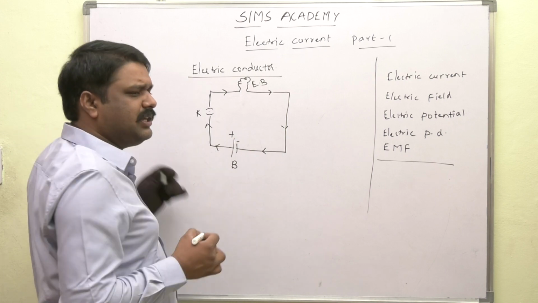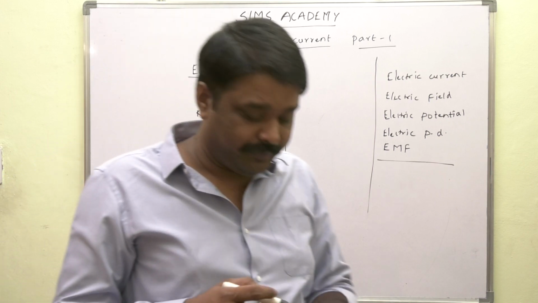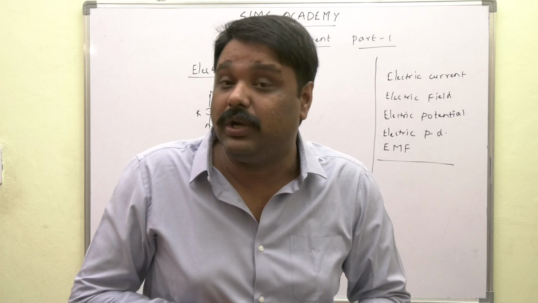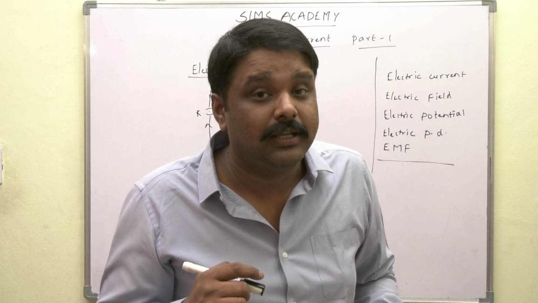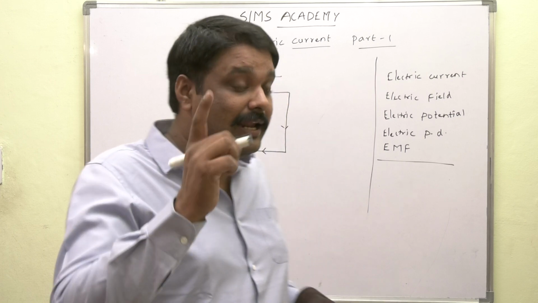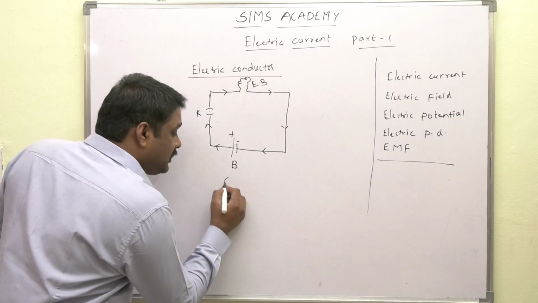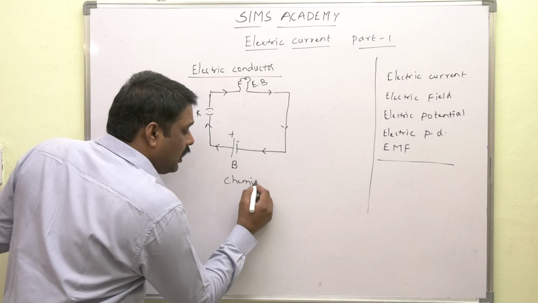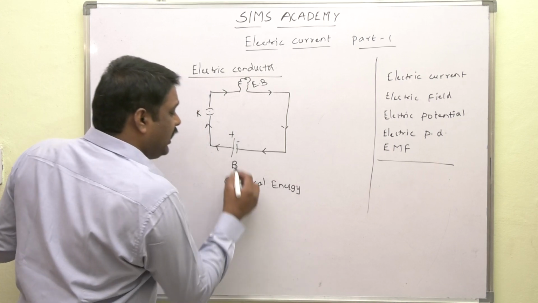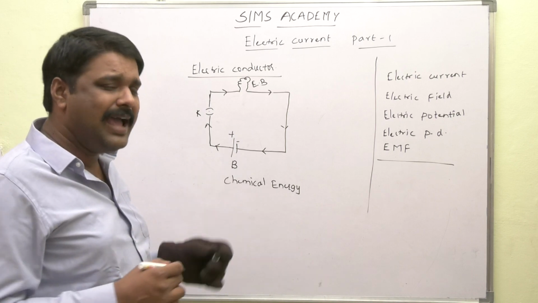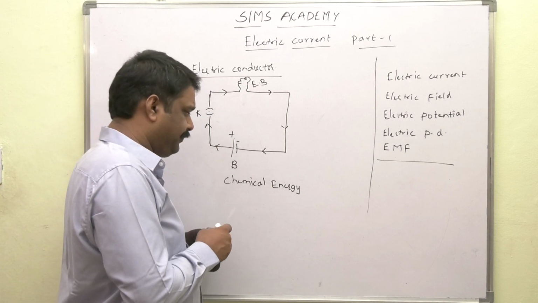Hence, what is the energy that is stored in the battery? Which energy? Yes, chemical energy. The energy that is stored in the battery is called chemical energy. That energy applies some force here.